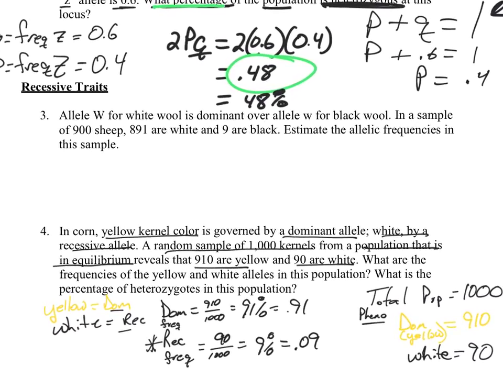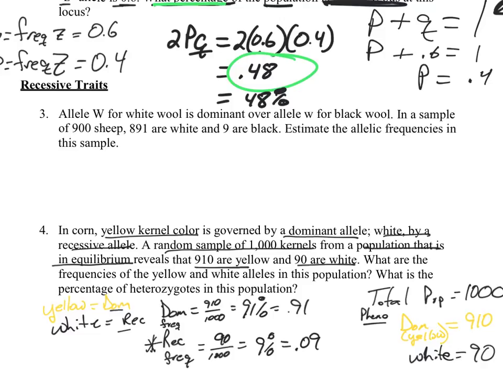What allele? Big W for white is dominant, so I like to write big W equals dominant, and that's white. I like to write down the information I know. And then I see little w is recessive, and that turns out to be black. And then it tells me 900 sheep.